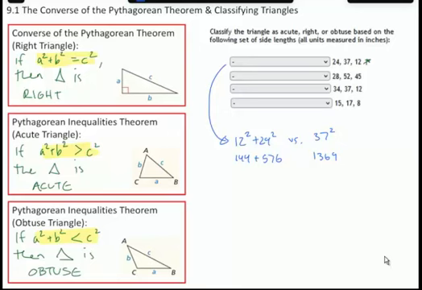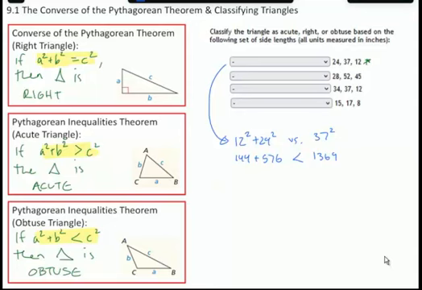And so I can see here, I don't even need to continue this, and I see that 1369 is greater than 144 plus 576, right? You don't need to know the exact values, even though you can find them. All right, so based on our relationship here, the longest side squared is greater than it would be in a right triangle. So does that give us acute or obtuse triangle?